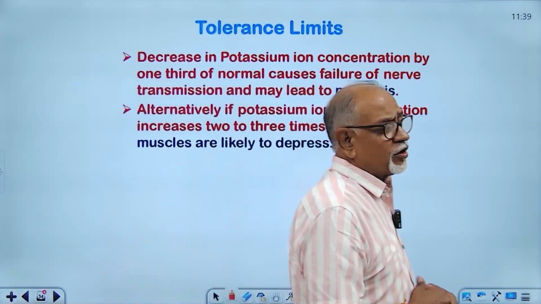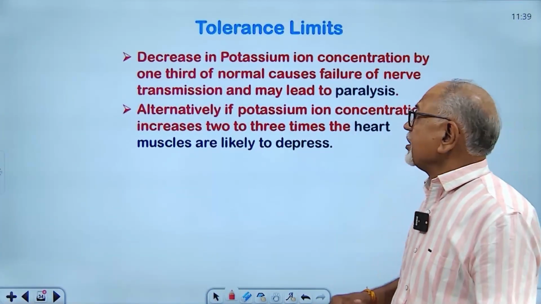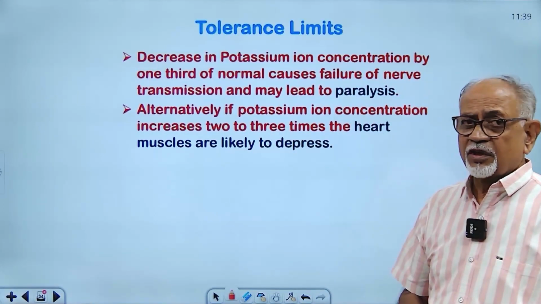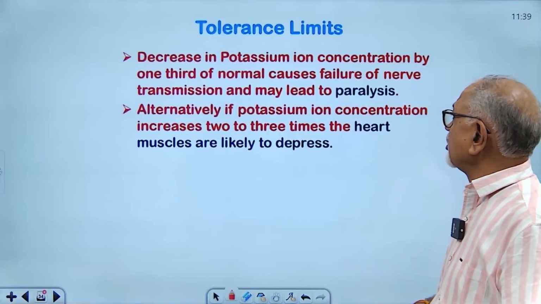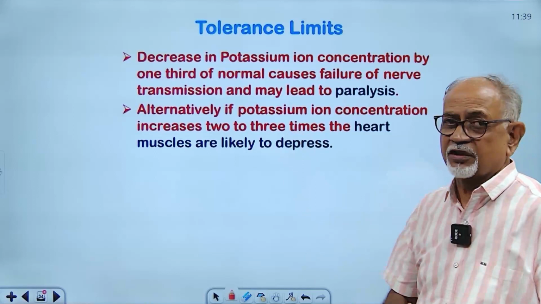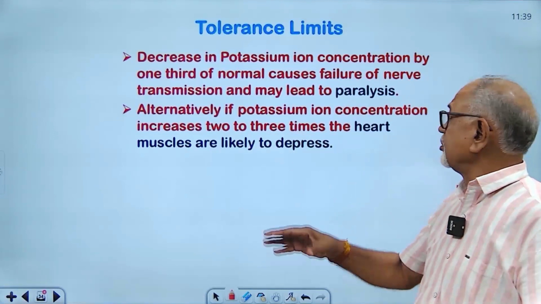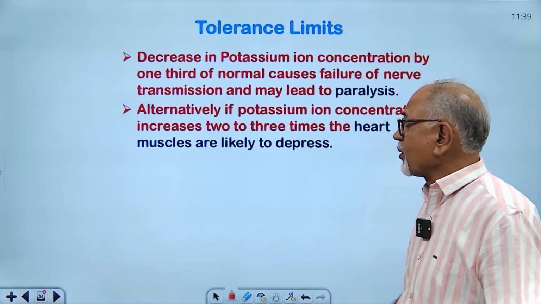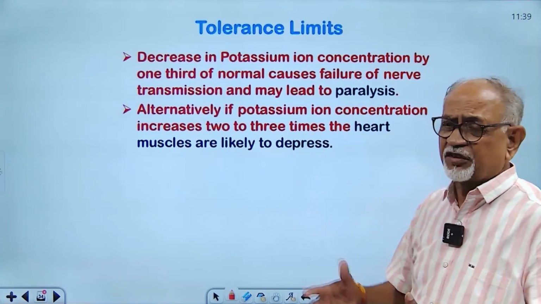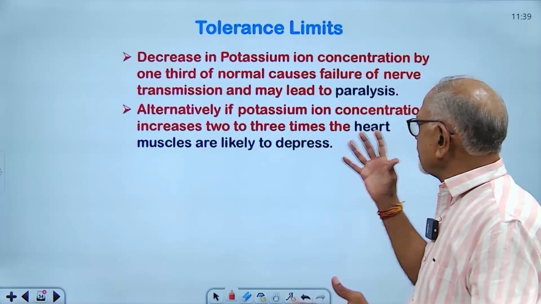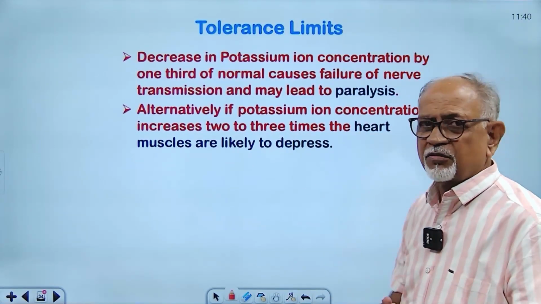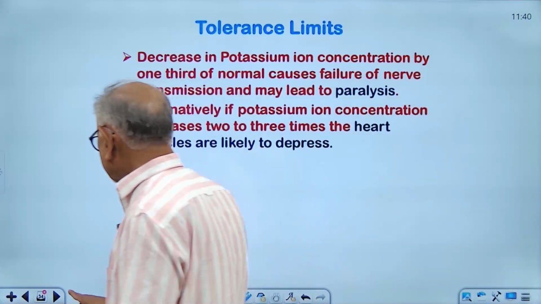Another example of tolerance limit is the decrease in potassium ion concentration, even by one third of the normal value, which can cause failure of nerve transmission and lead to paralysis. Alternately, if the potassium concentration increases two to three times, the heart muscles are likely to depress.